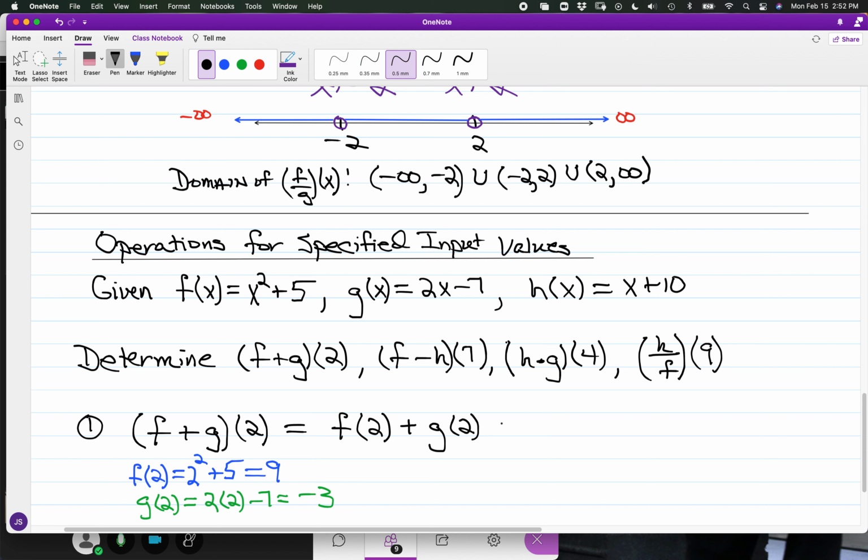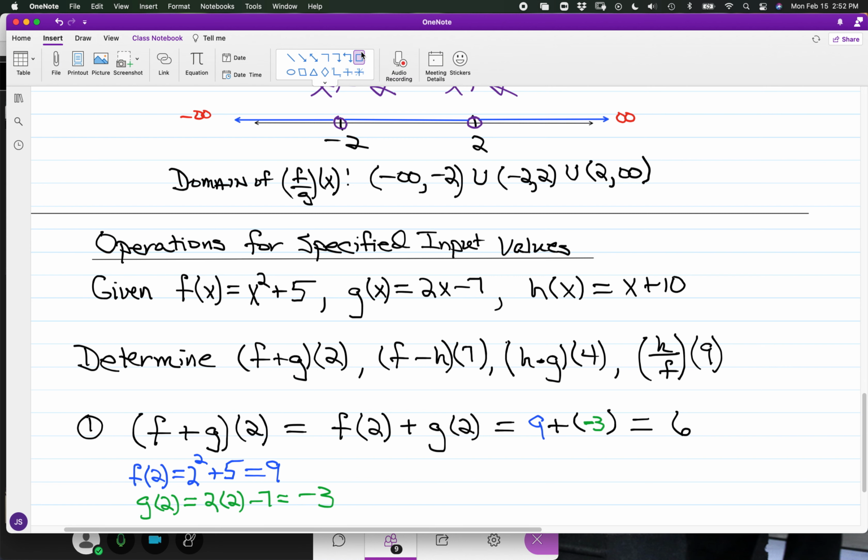So following through with f of 2 plus g of 2, f of 2 is 9, plus g of 2, which is negative 3. And 9 plus negative 3 is 9 minus 3. And so for that output, this will end up at 6.